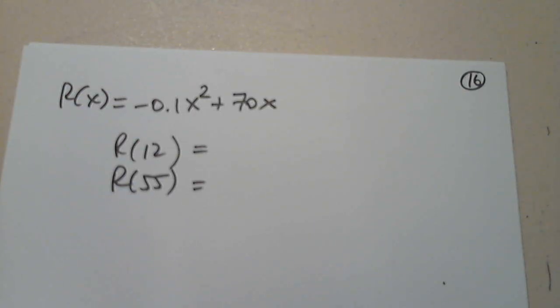So the function is negative 0.1 x squared and then plus 70x. First you enter the function and then directly go to second and table and plug in 12 and plug in 55.